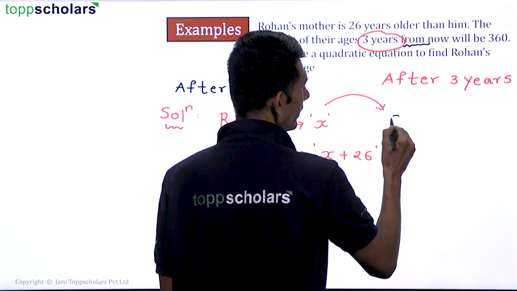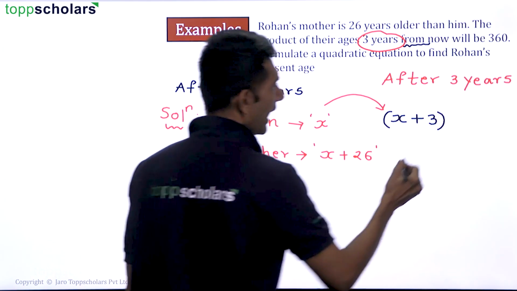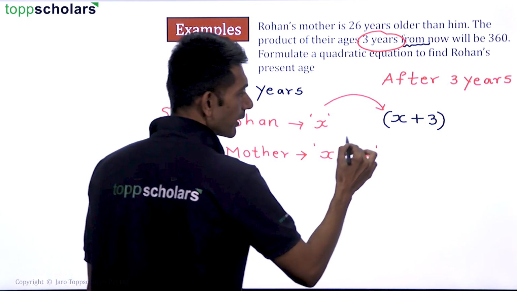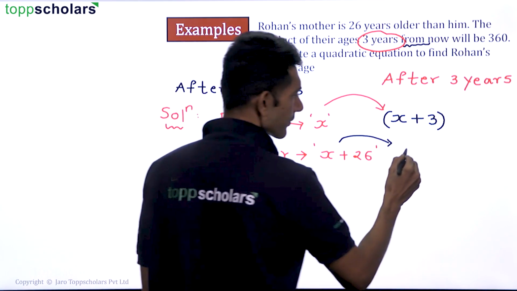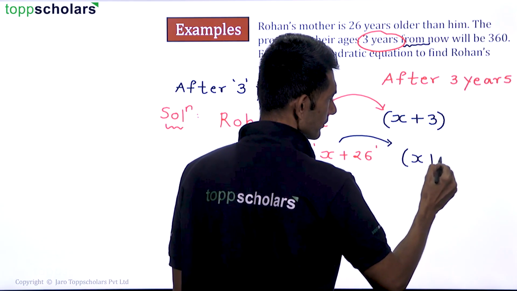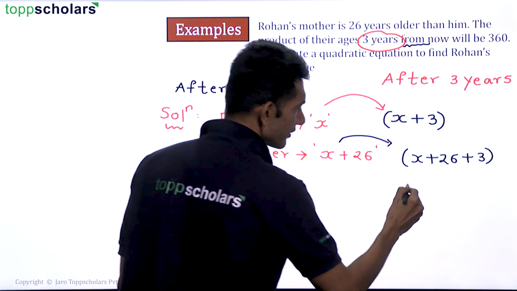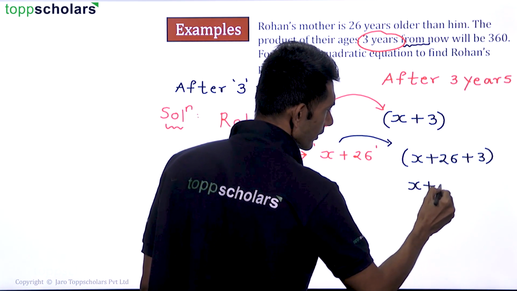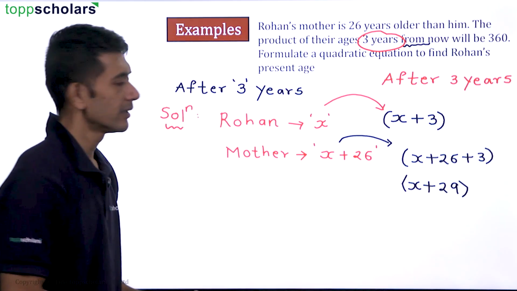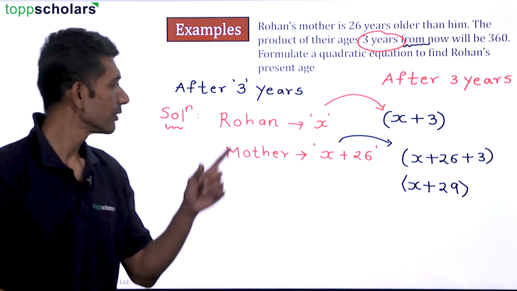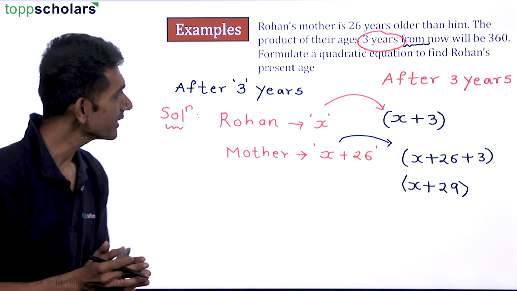So Rohan's age will be X plus 3 years. And what will be mother's age? Mother's age is going to be X plus 26 plus 3, right? So can I say this is going to be X plus 29 years? Now understand. Rohan's age, X plus 3 years. Rohan's mother's age, X plus 29 years.